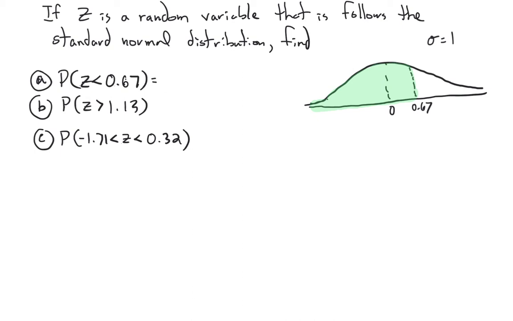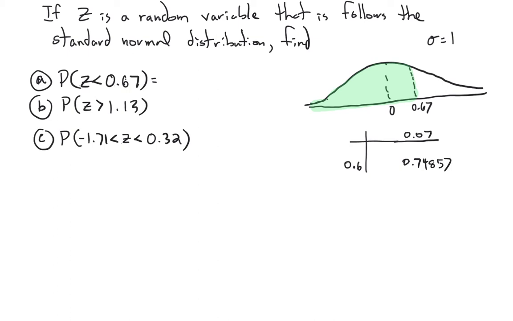So all we need to do here is go to our table. I'm just going to sketch the table, but you should go and have a look. If you go to the positive bit of the table, you're going to be looking for the place where you have the column label of 0.6 and the row label of 0.07. And where they meet, you will find a value of 0.74857.